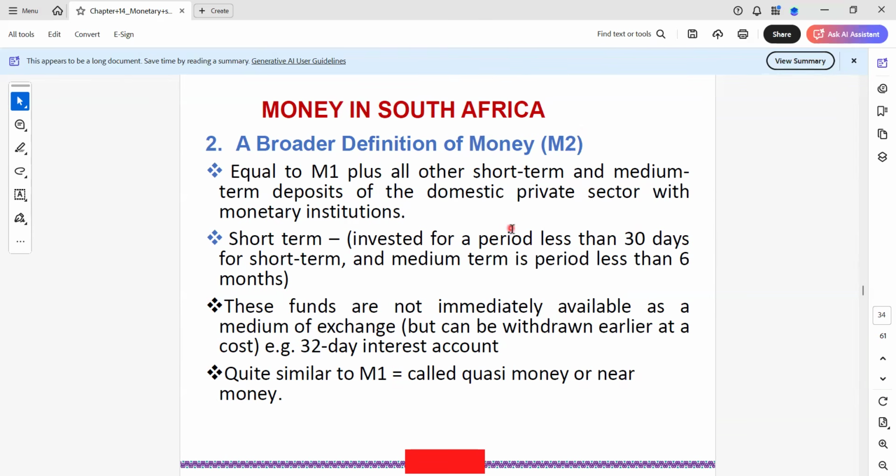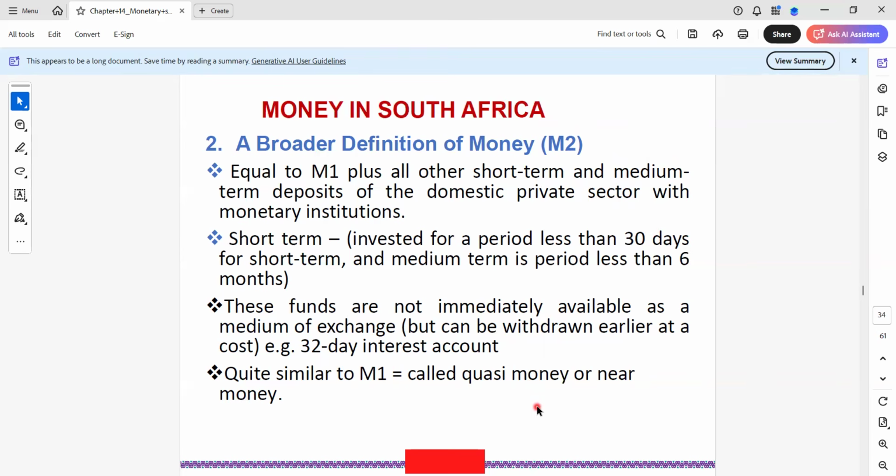But sometimes they might not tell you how much your short-term deposits are, and they'll not even give you your medium-term, but they'll just write quasi money or near money, and then they give you the figure. So that's basically referring to short-term plus medium-term deposits. And then they can call it quasi money or near money. But you're going to see that when we do the calculations.